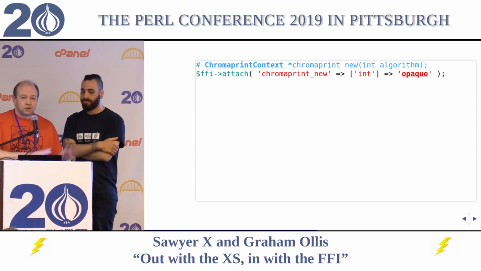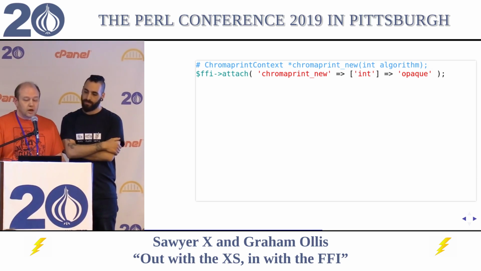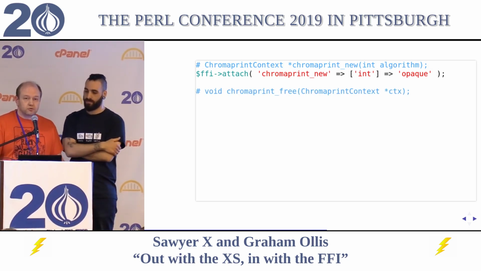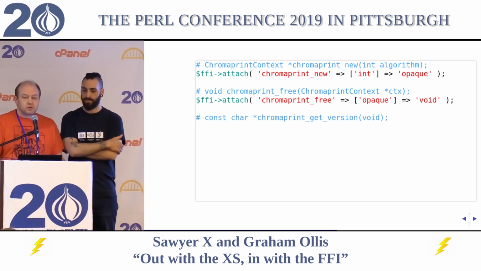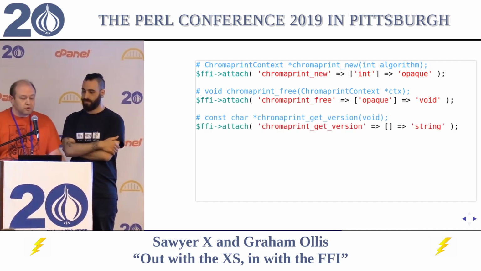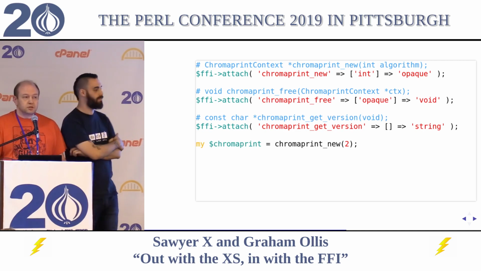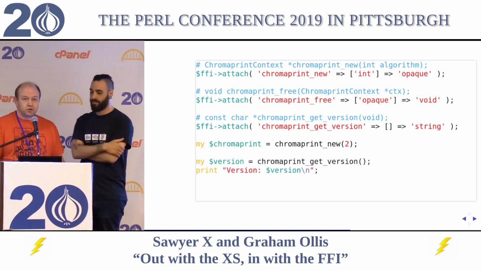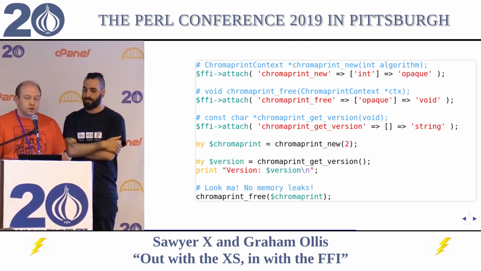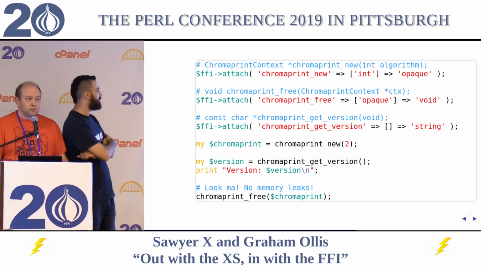It's something implemented in C. We just care that it's an address. And that's already one function, and we can do free as well, which works in a very similar way. Get version tells the version of the library. And now we can already start using this. We have these functions available. We can get the ChromaPrint object. We can print out the version number, and we can free that so that we don't leak any memory.